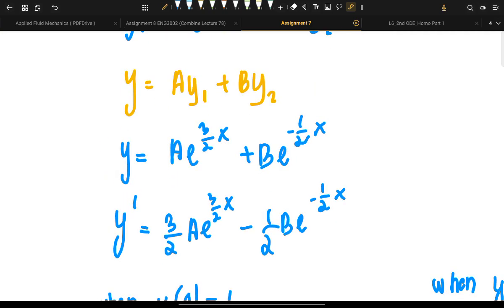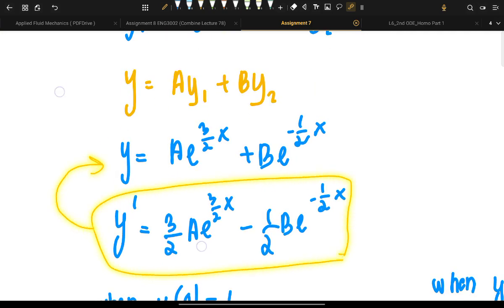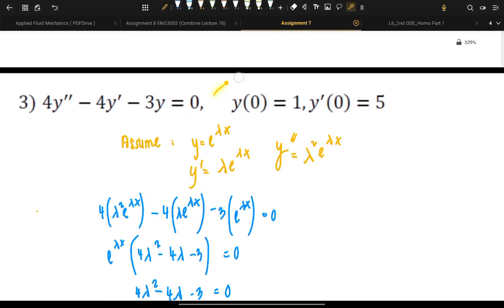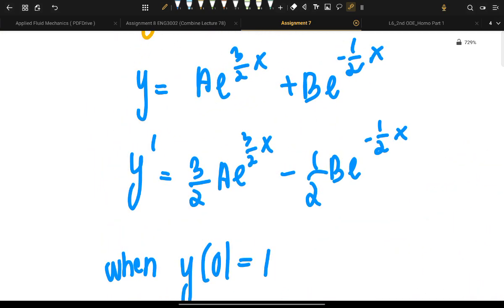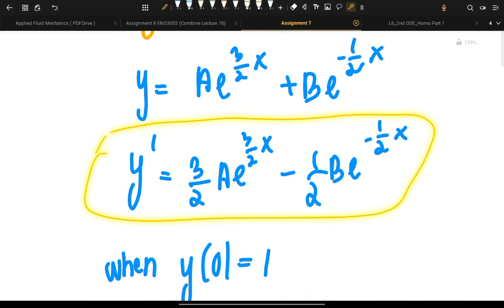Then you differentiate, because the question gives us the particular solution. So this is for y and this is for y prime. For y prime, we differentiate y, and we get the answer here, with 3 over 2 brought to the front.